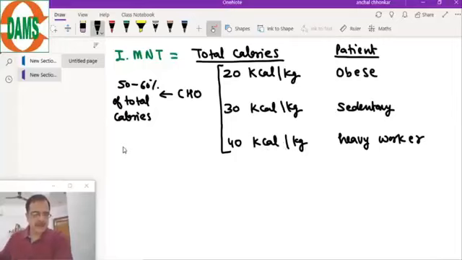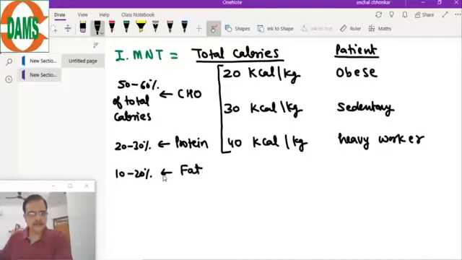The remaining 20 to 30% by proteins, and 10 to 20% by fat in the diet. So this is known as the medical nutrition therapy. These are the total calories per day.